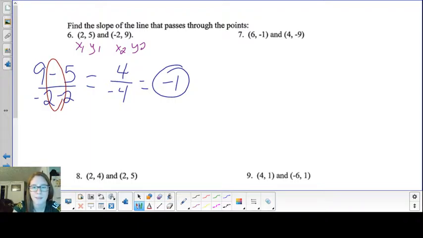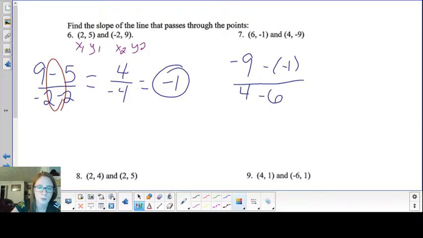Next, I have negative 9 minus negative 1 over 4 minus 6. Now you're probably saying, well, why did I put that negative 1 in parentheses? Well, what happens here with minus minus? Turns into a plus. So this is negative 9 plus 1 over 4 minus 6.